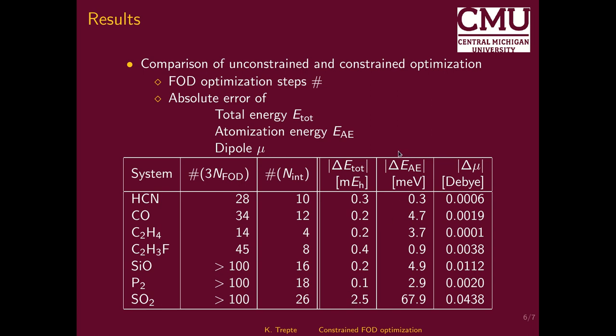And we see a very similar story for the atomization energies, given here as a difference in millieV. And we see that these differences are very small. Even for the largest difference, which is again SO2, 68 millieV on an atomization energy that is easily in the order of 10 eV, doesn't make a difference, certainly not qualitatively, but even quantitatively.